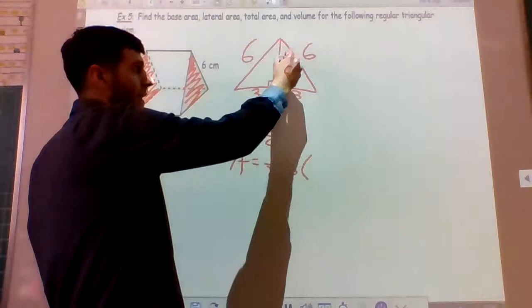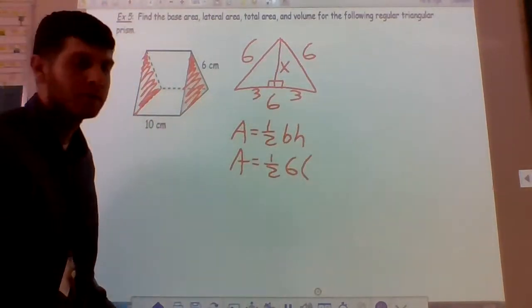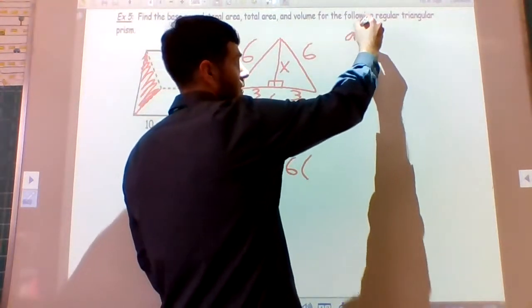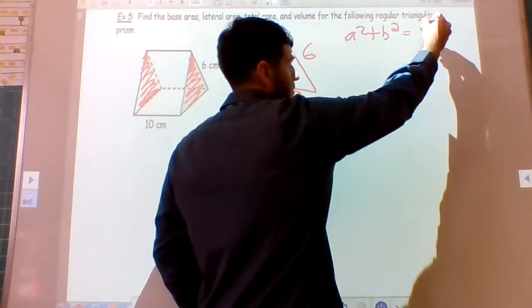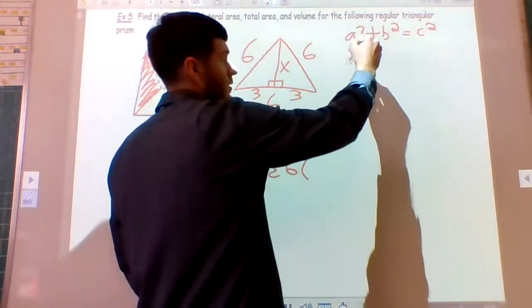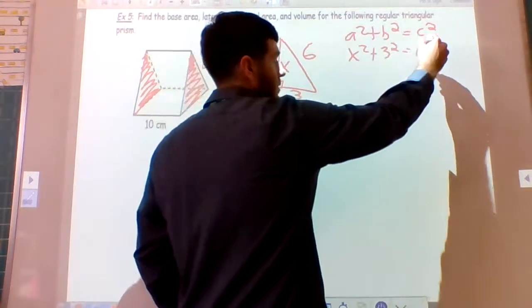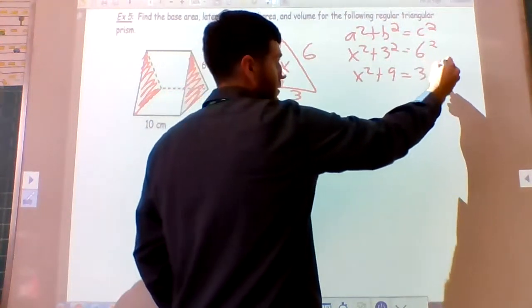So if we label the height x, we can use the fact that we have a right triangle to solve for that height. The bases of our right triangle are x and 3. So for right triangles, a squared plus b squared equals c squared, the Pythagorean theorem. Our legs are x and 3. So x squared plus 3 squared equals the hypotenuse squared. The hypotenuse is 6. So we get x squared plus 9 equals 36.